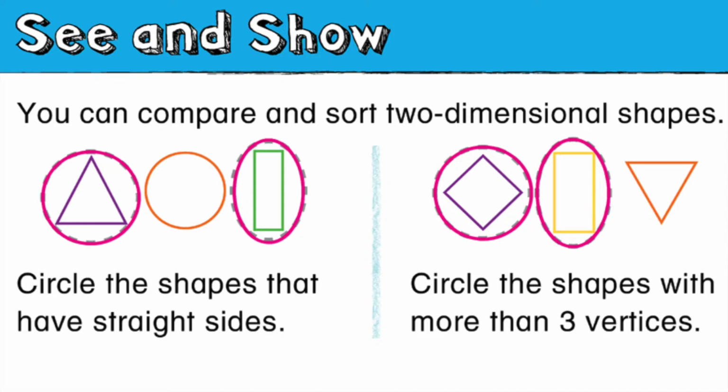That would be the square and the rectangle. Why didn't they circle the triangle? Yes, because it says to circle shapes with more than 3 vertices. The triangle has 3, not more than 3. Excellent job, mathematicians.